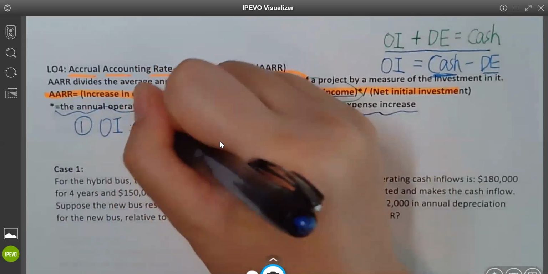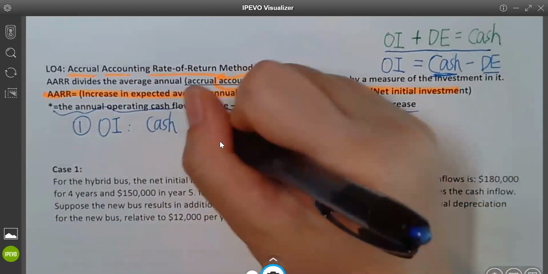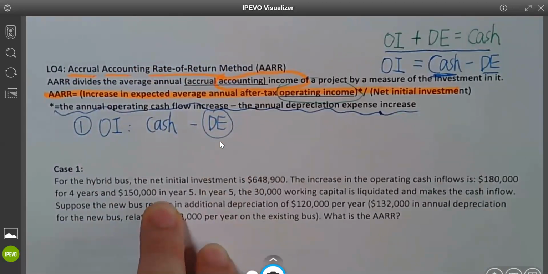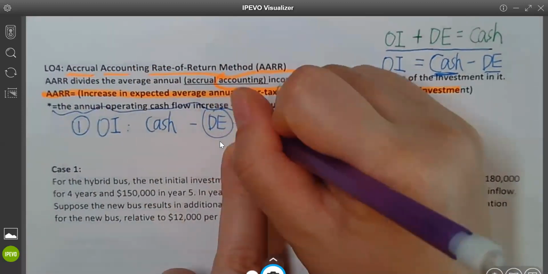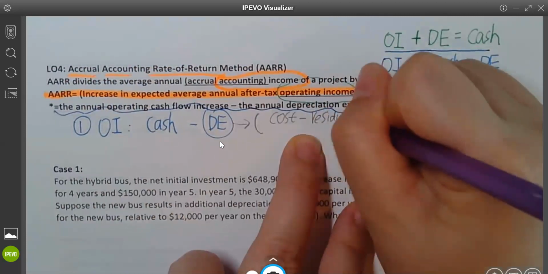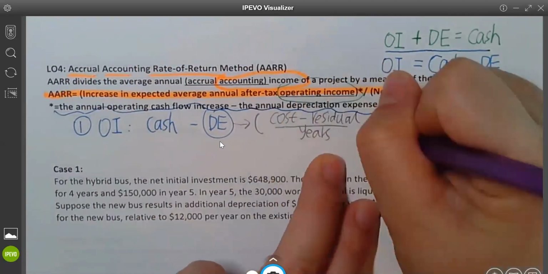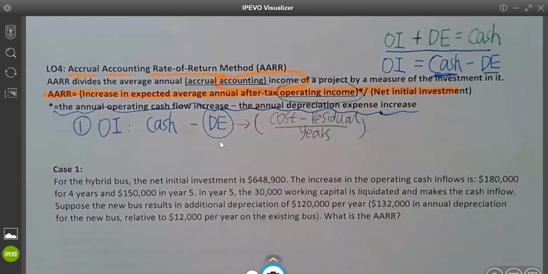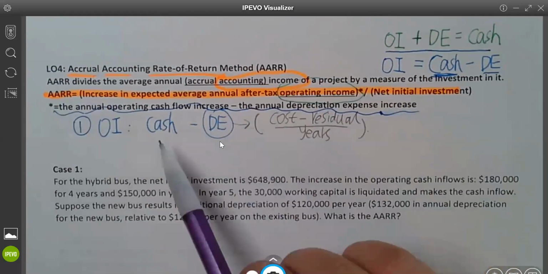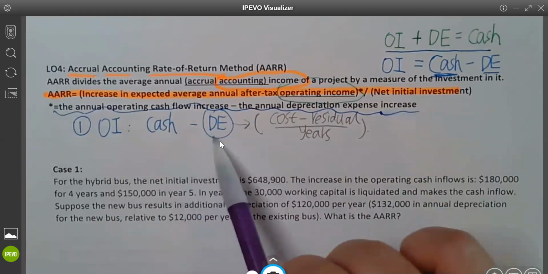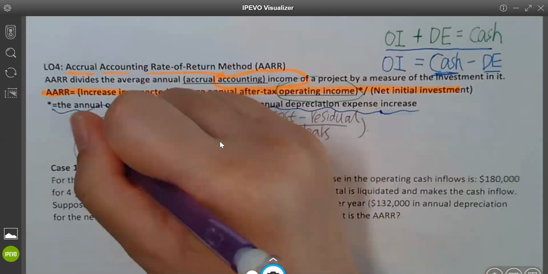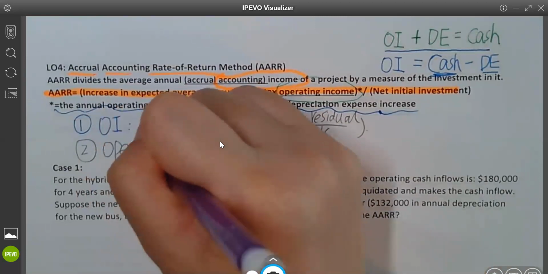It's our cash increase minus depreciation expense. So you have to know how to get the depreciation expense. In this chapter, it's very straightforward. Basically, it's your cost minus residual divided by how many years. So this is straight-line depreciation. You calculate depreciation expense first, and then subtract it from your cash to get your operating income.